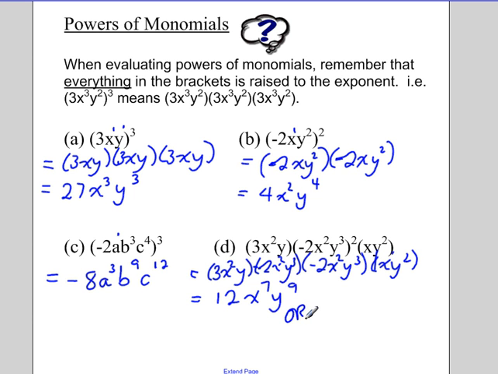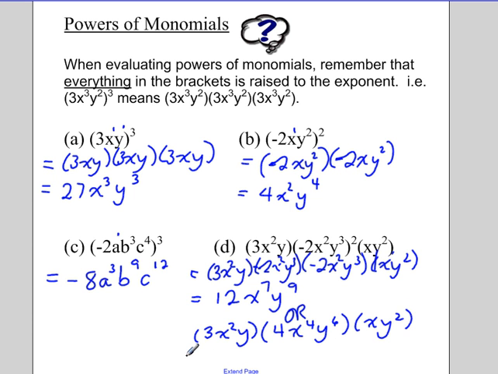The other way of doing it is to simplify this middle part first. So the first part still stays as 3xy. The middle part, however, becomes positive 4, because negative 2 squared is positive 4, x to the 4, because x squared squared is x to the 4, and y to the 6, because y cubed times y cubed is y to the 6, and then write the last one.